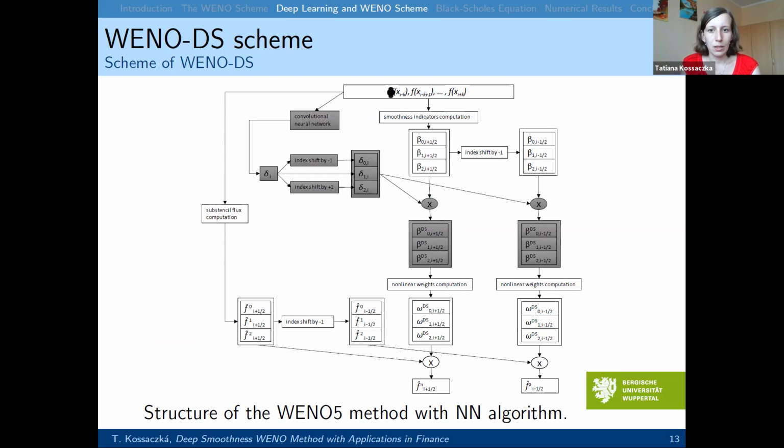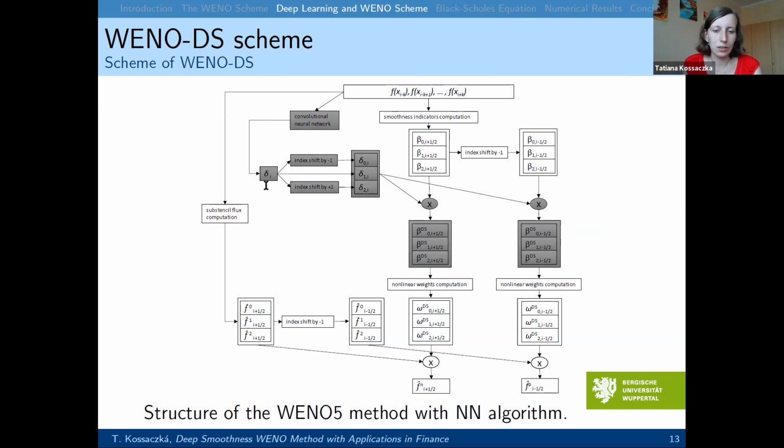We have some values of the flux function here, f(x_{i-k}) to f(x_{i+k}), and we use these values as inputs to the neural network, and from these values the original betas are also computed. We use them as an input to a convolutional neural network, and then the outputs of this convolutional neural network are these deltas.